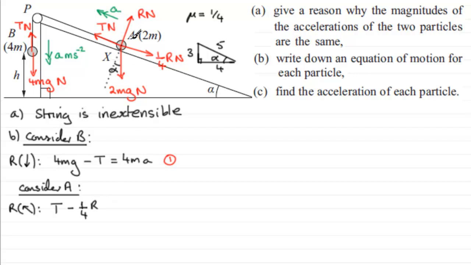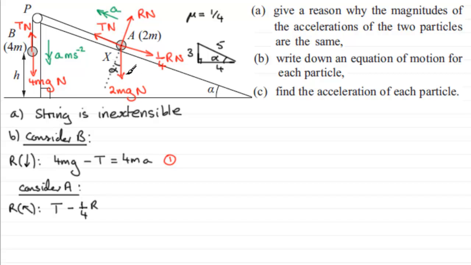Now, if I consider R, this reaction is perpendicular to the direction that we're resolving in, parallel to the plane. So therefore, any perpendicular forces have no effect in the equation of motion. So I can neglect R there.